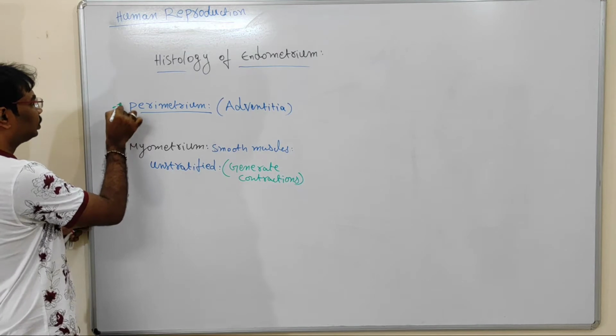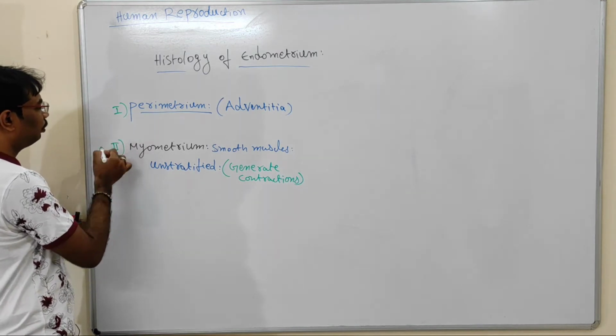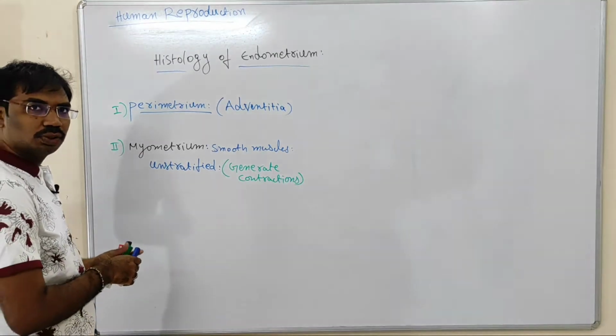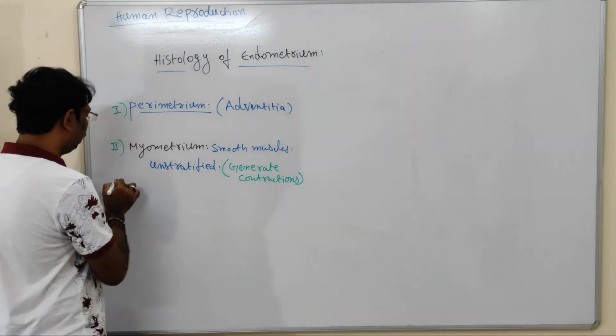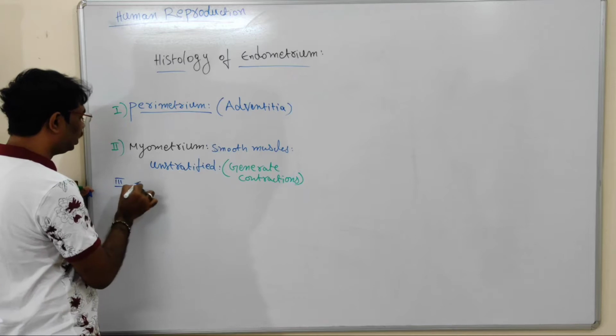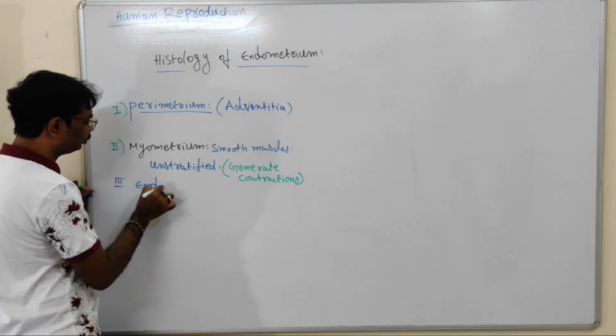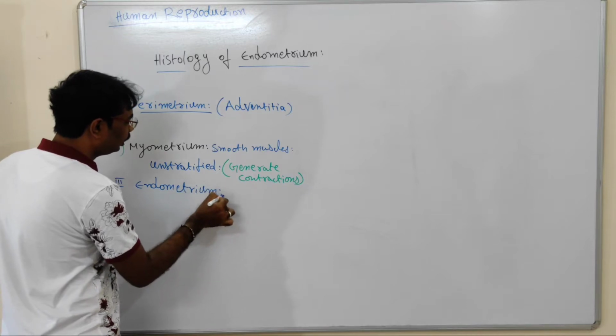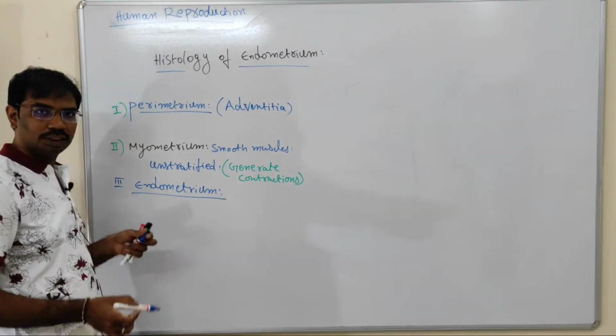So the first one is the perimetrium, the middle one is the myometrium, and the inner layer of the uterus is the endometrium. The endometrium contains columnar epithelial cells.